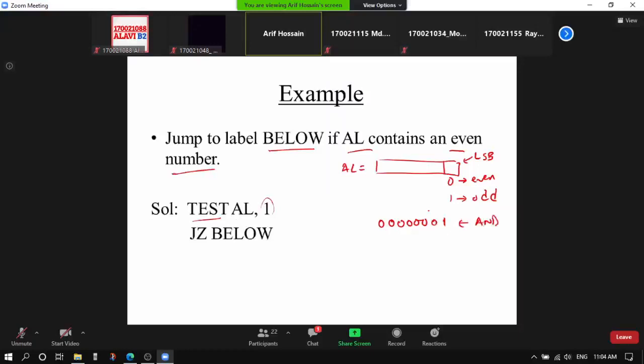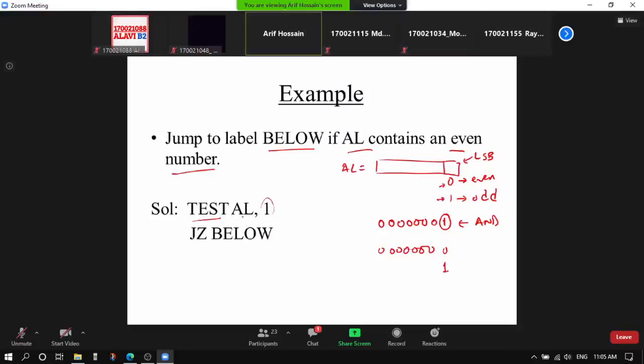What happens if you provide 0 with AND: it preserves or it changes? It goes to 0. Exactly. So all of these values will definitely be 0. The only remaining is the last bit. If your number is even, that is 0, what will you get over here? 0. If your number is odd, you will get 1.